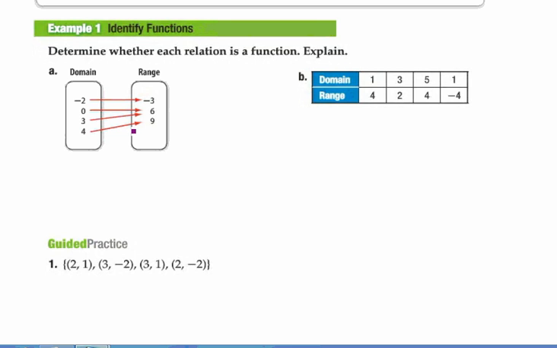Well, here's our mapping diagram. The rule was that we can only have one arrow from each of the domain. Did it pass the test? Yes. Is this a function? Yes.